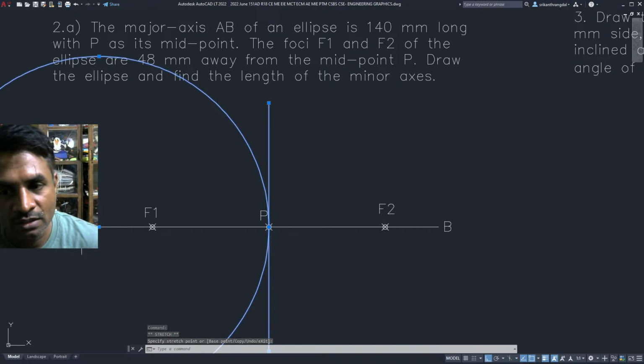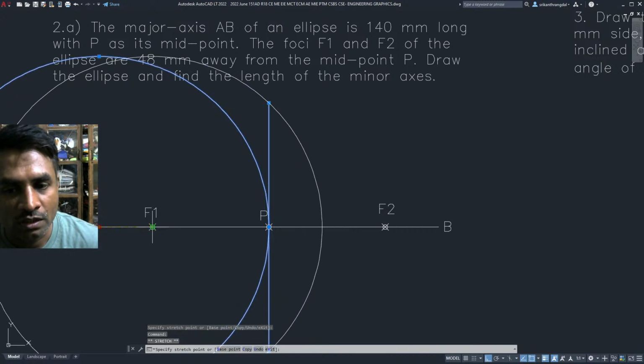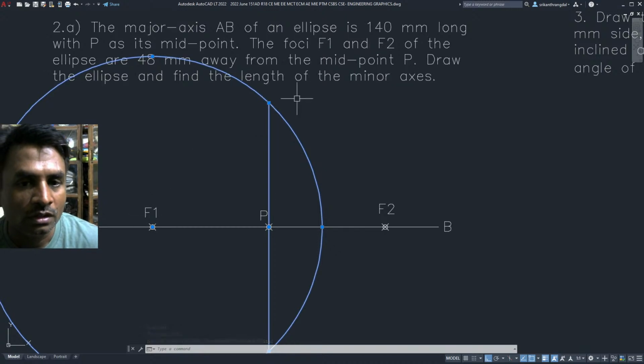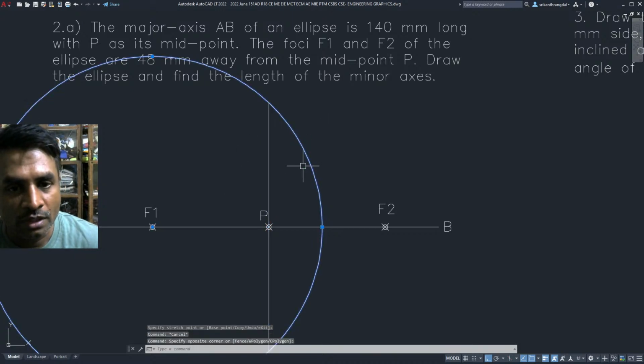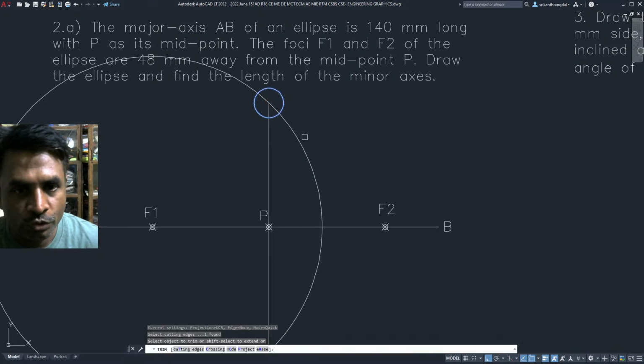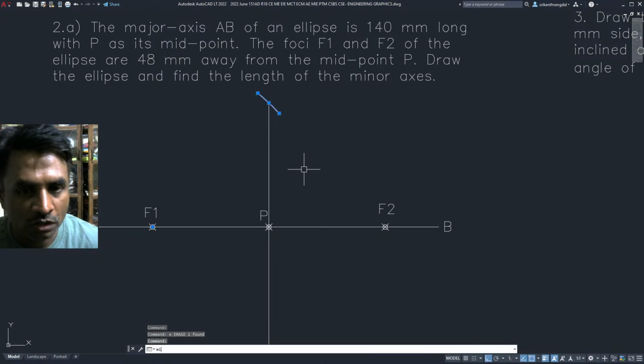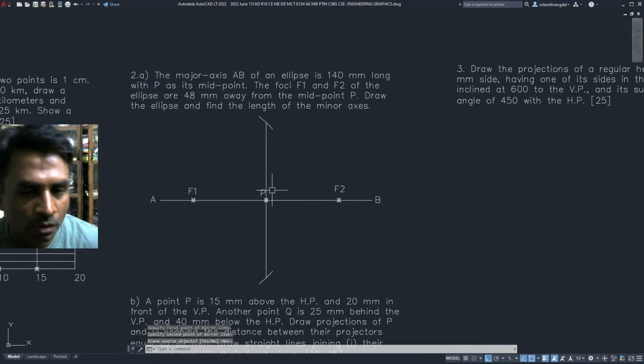Since the radius of the circle remains the same, the distance of this center to this point on the circle will again remain the same. That way we got the minor axis. When you are doing manual drafting, you can draw a small arc to show that we had drawn the minor axis a little longer, and we were able to cut it right at this point.